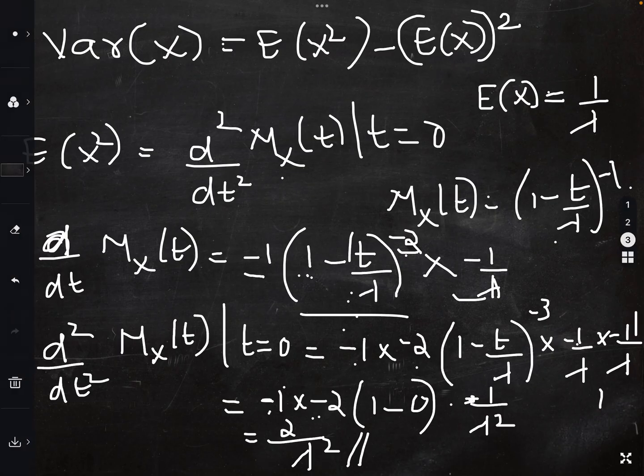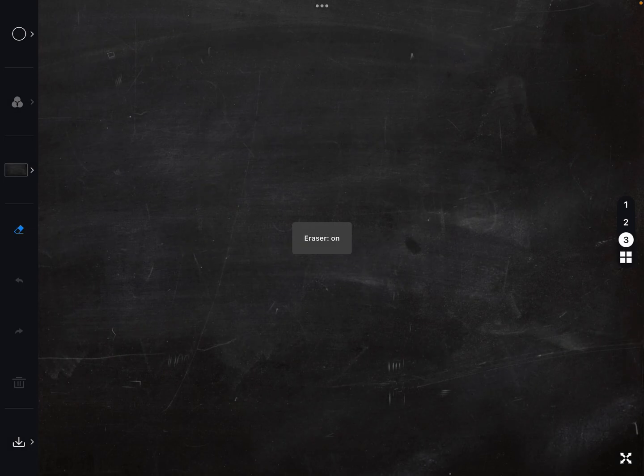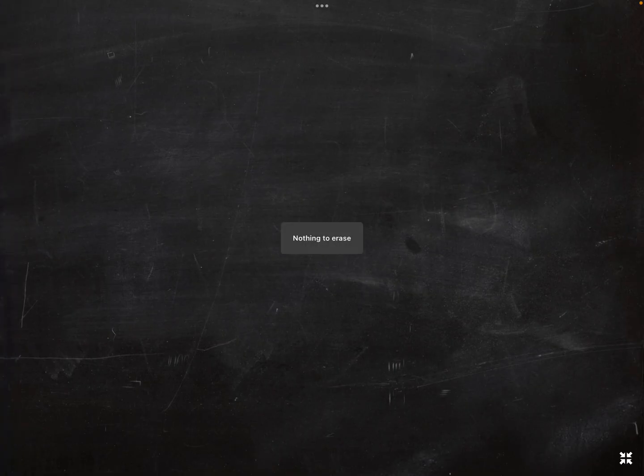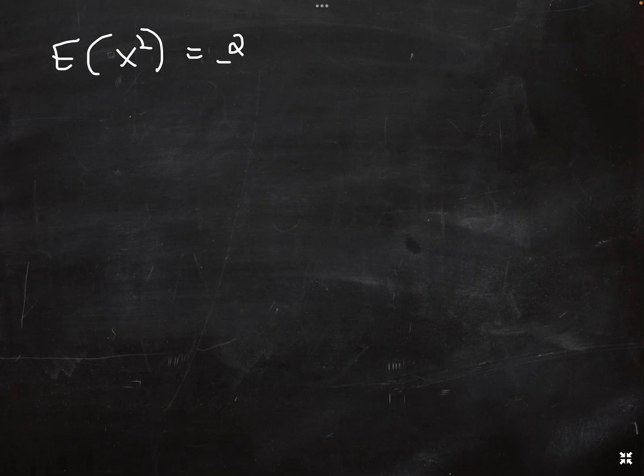Okay, so the expectation of X square is 2 by lambda square, and the expectation of X is 1 by lambda.